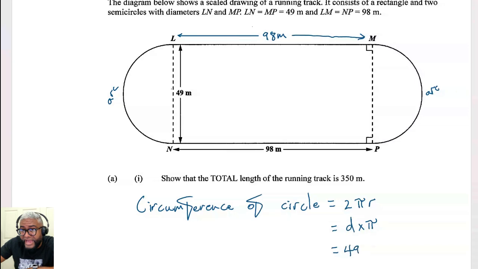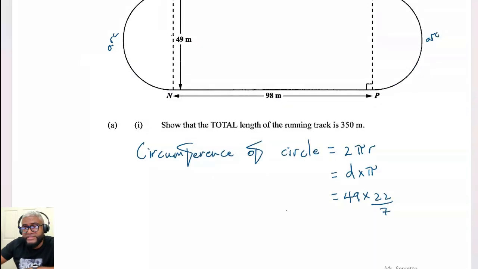So the diameter is 49 multiplied by 22 over 7. And what do we get in here? What is the circumference of the circle? 154. If you took any other route, you should have gotten the same thing for the lengths of the two arcs together.